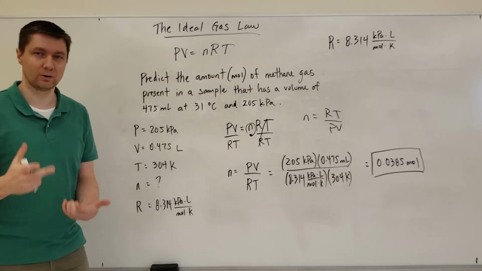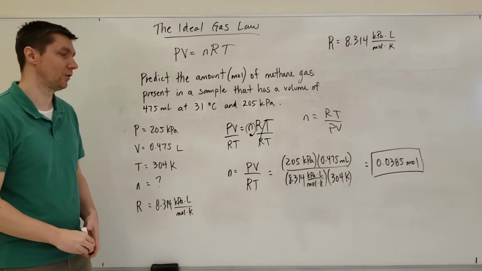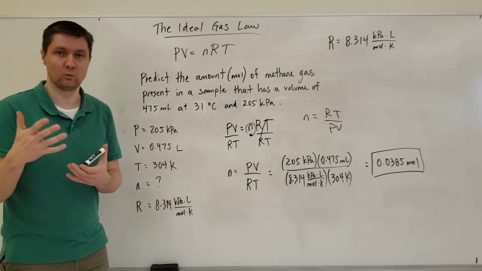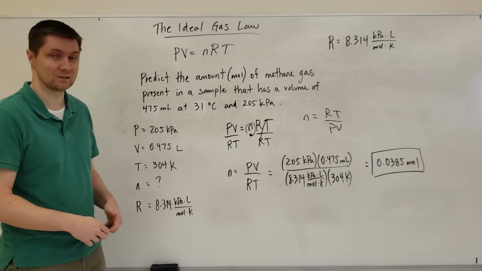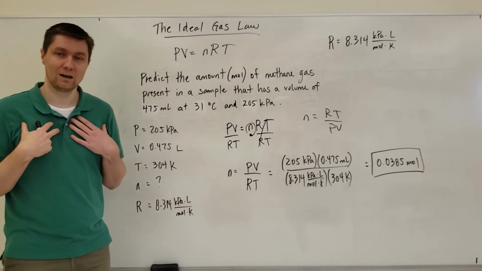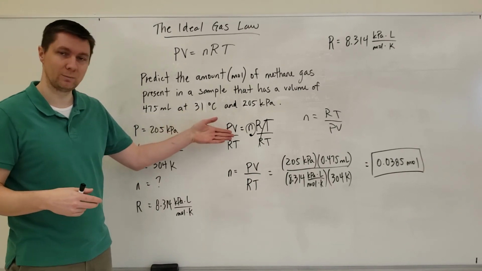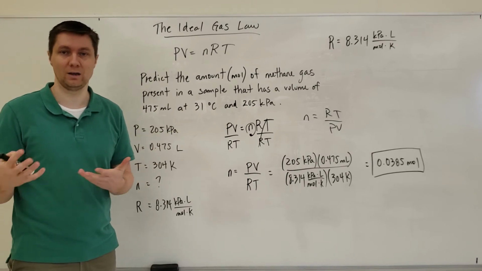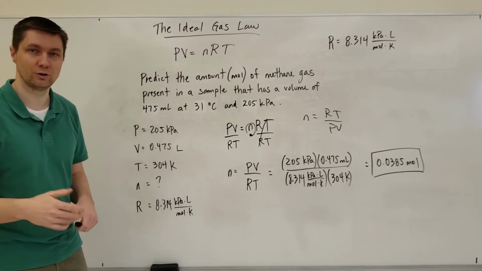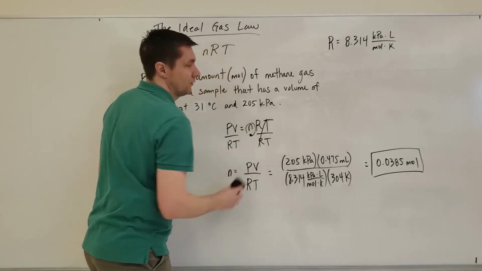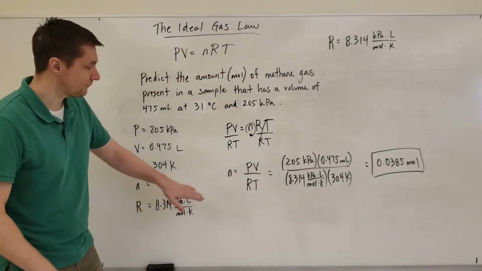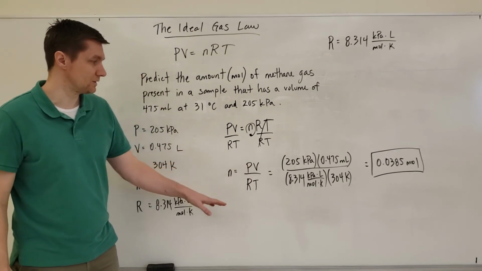That's the reciprocal of what would be the right answer, so it's going to give you the wrong answer because it's not the correct formula. My high recommendation is when you are manipulating the formula, do it on the page so that you can see the work and make sure you're manipulating it correctly. That is not right, don't do that. So N is equal to PV divided by RT.